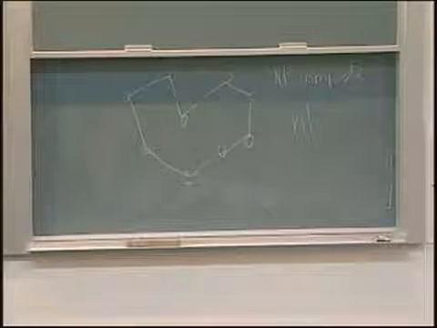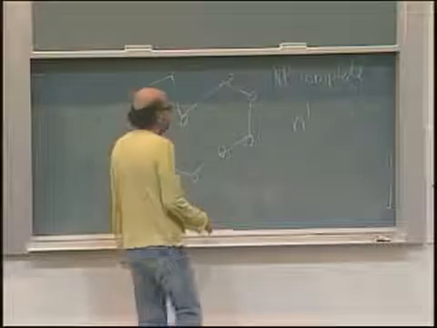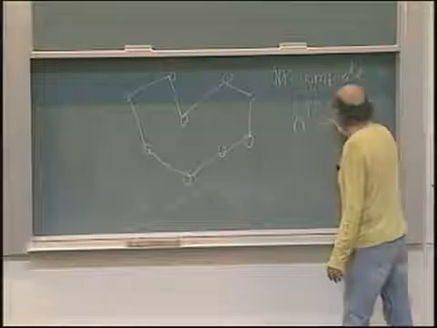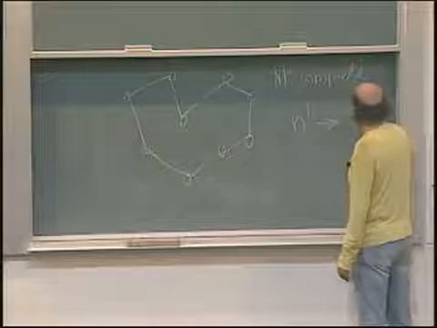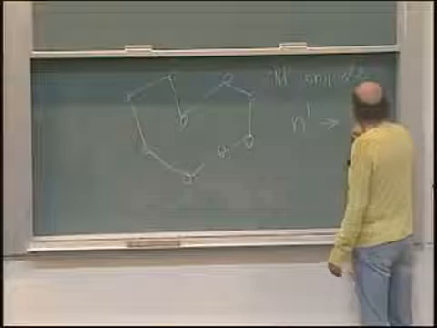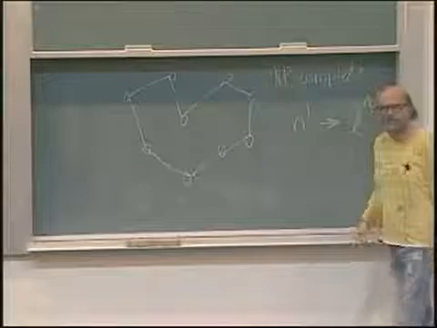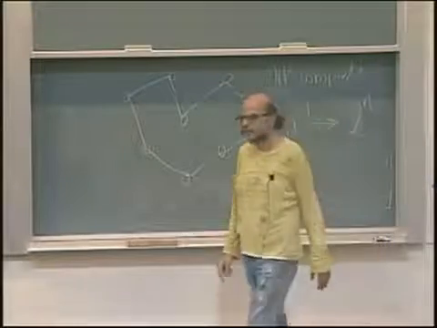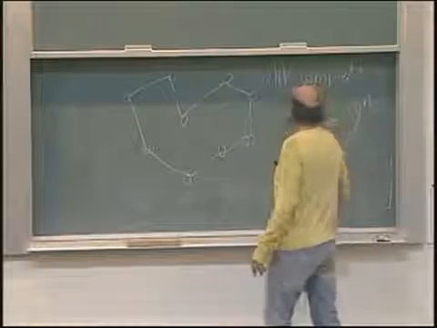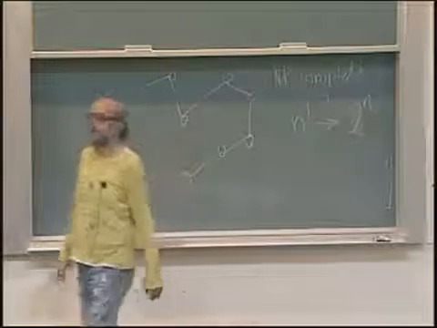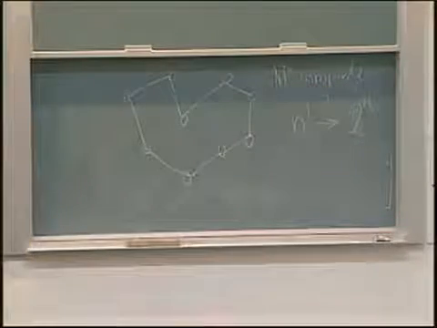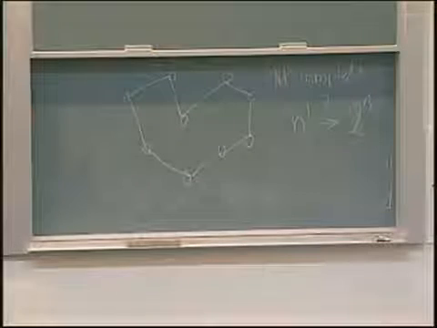So, the question is, is there a way to drop this down to something like 2 to the n, all right? Of course, it's an NP-complete problem. I cannot hope to solve it.